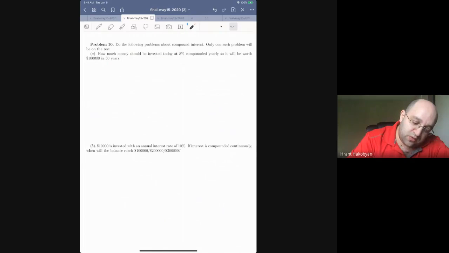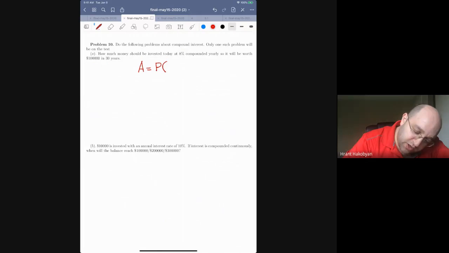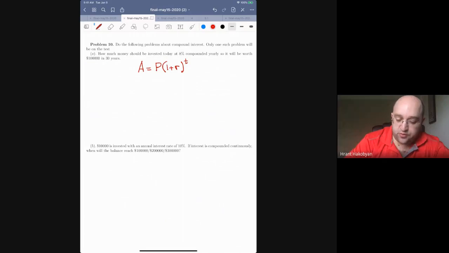So again, what's the formula here? Let me just remind you, the formula is the amount that you get after a number of years is the principal multiplied by 1 plus r, that's the yearly rate, and then raised to the number of years.